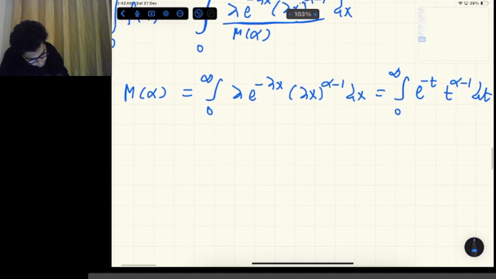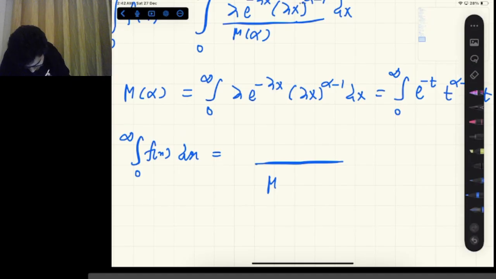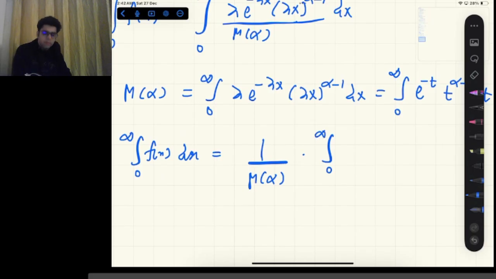Now if I just zoom a bit, I can write this integral from 0 to infinity f(x) dx separately. Gamma alpha is a constant term, right? I just showed you guys above.